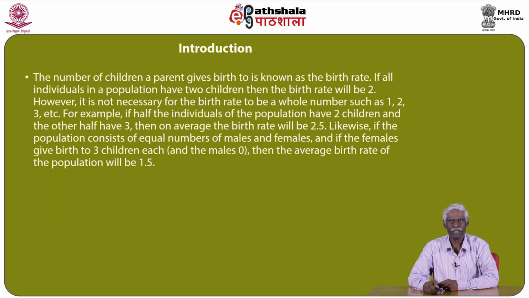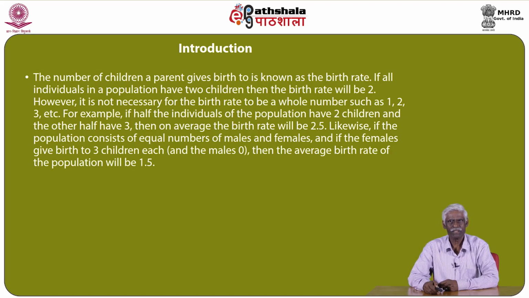The number of children a parent gives birth to is usually referred for calculating the birth rate. If all individuals in a population have 2 children, the birth rate would be 2 for instance.